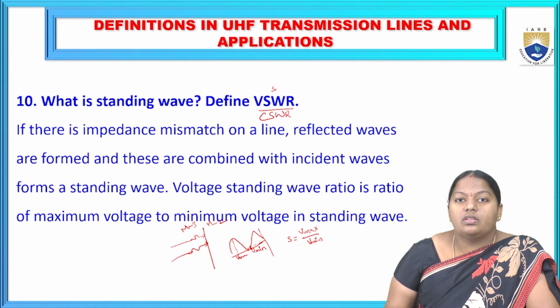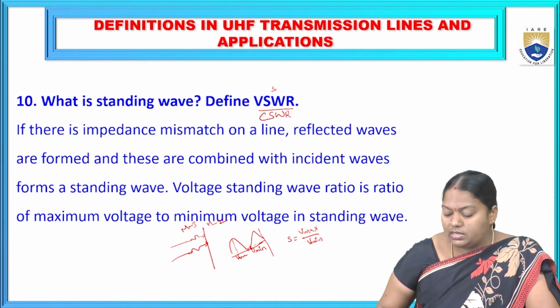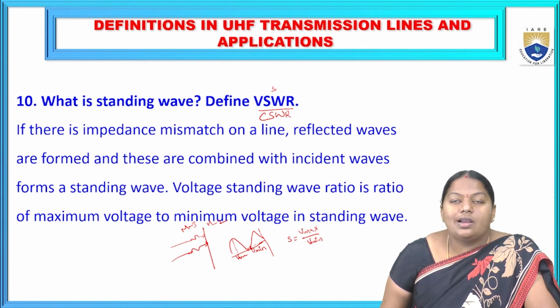So standing waves are waves that don't travel, but the amplitudes or strengths of the two waves are the same, and the directions in which they propagate are different. Depending upon that, standing waves are formed. So there are two cases: voltage standing wave ratio and current standing wave ratio.